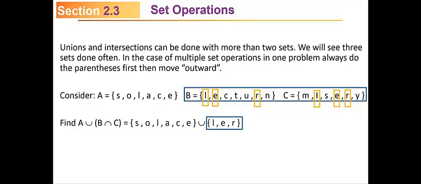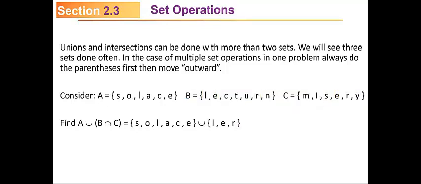Now you're ready to take the union of that set with the set A, and that means you just take everything. If it's in A, you list it. If it's in B intersect C, you list it. If it's in both, you list it. So you just list every single letter you see down there on the bottom line.